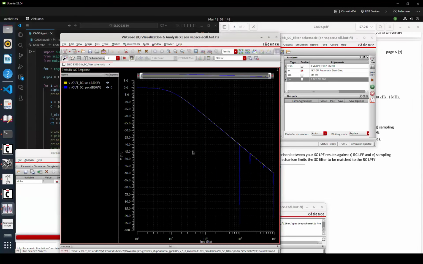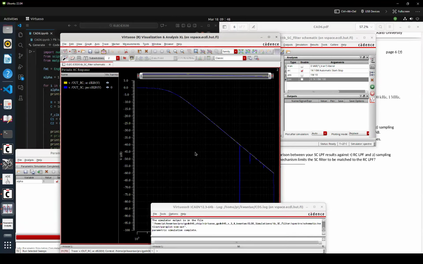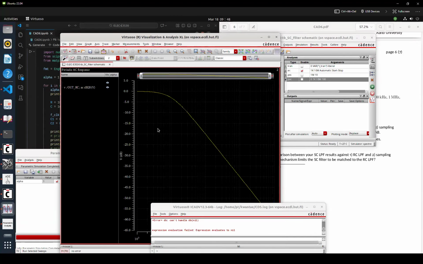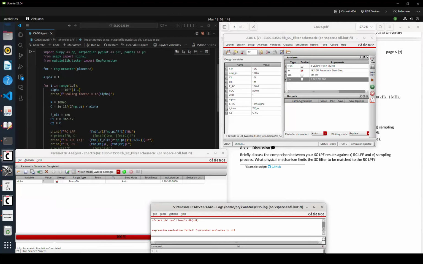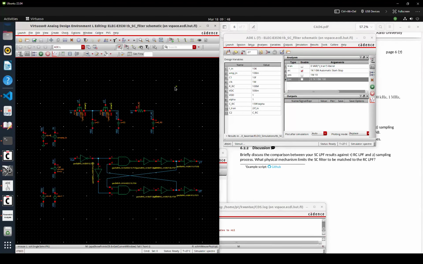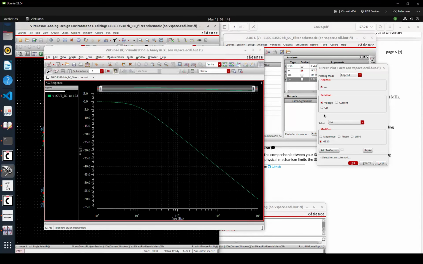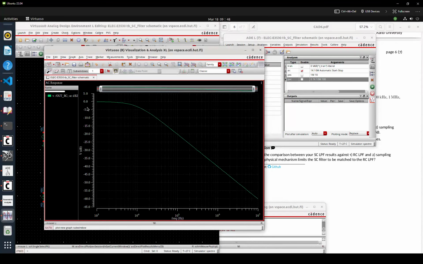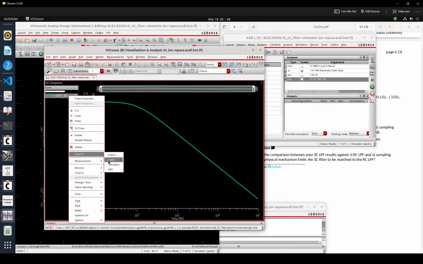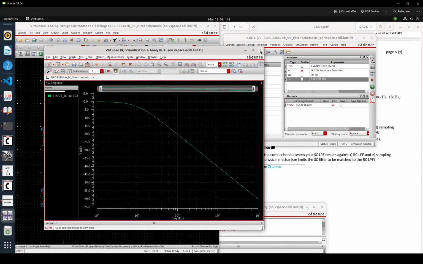And go back here and press Control R. Let's remove this one, Control R. Oh, it doesn't work. Then we can plot this one again. Yes, we have to save it to output here.